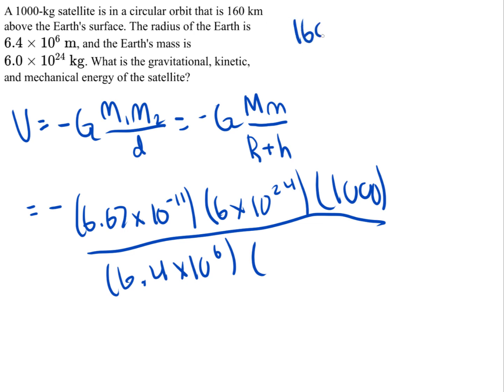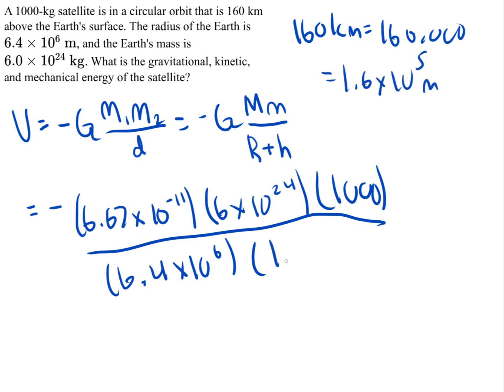I'm going to convert 160 kilometers to meters, and that is 160,000 meters, or 1.6 times 10 to the 5th power meters. And now all we need to do is plug this into a calculator and solve.